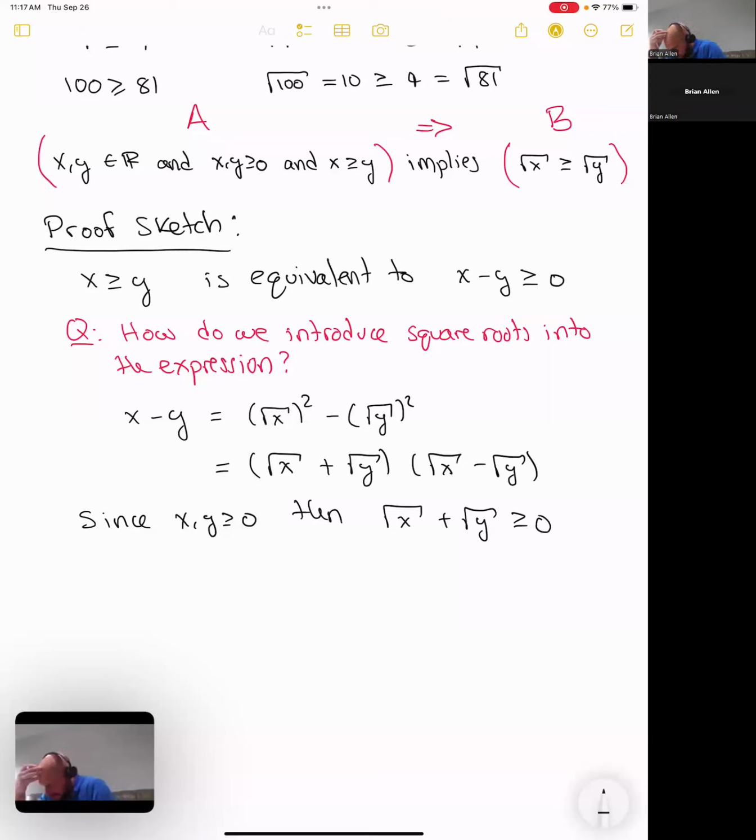And so then the point is that we're going to use the fact that if x minus y is positive, then the product here is positive.